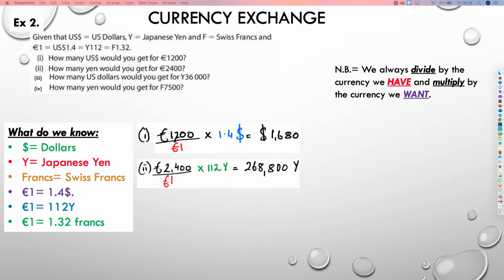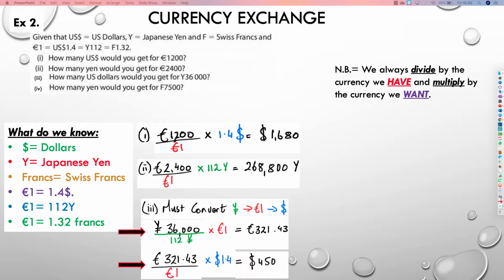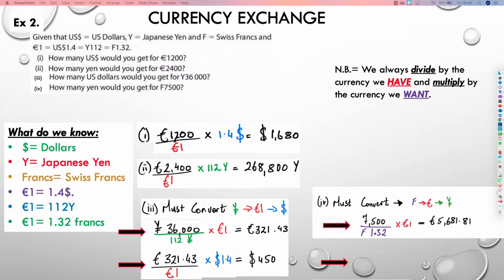Yeah, so we divide by that and multiply by the currency we want, which is exactly it. Off you go. $450. Exactly. Right.